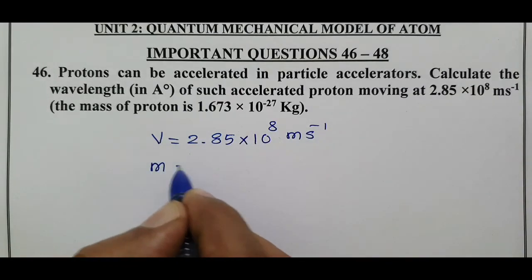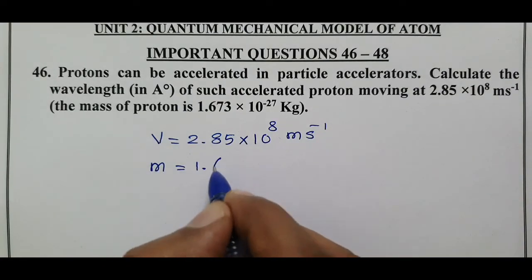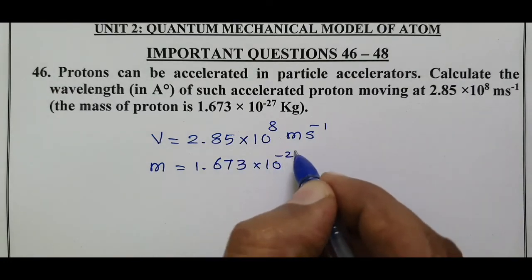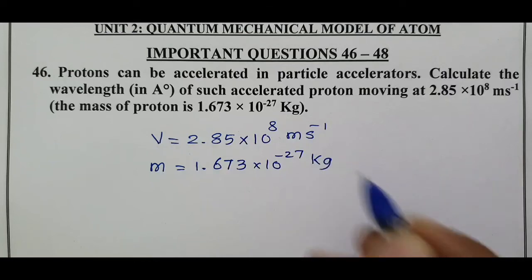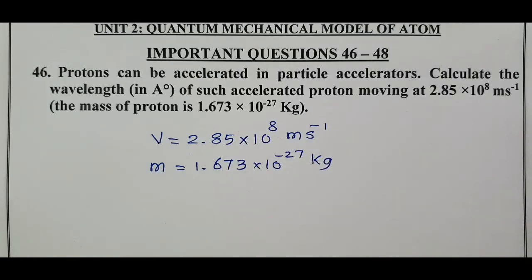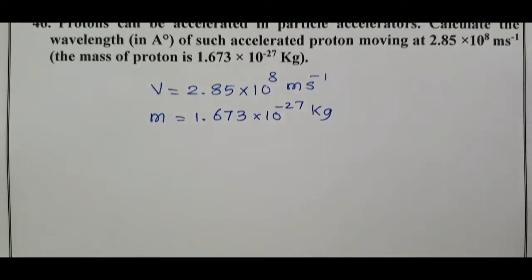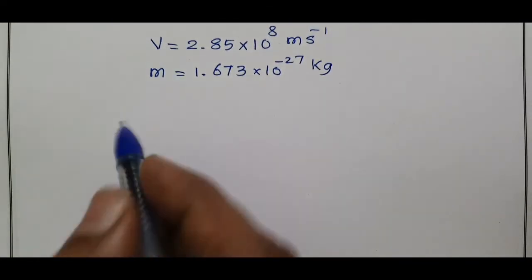The mass of proton is 1.673 × 10^-27 kg. From this, we have to calculate the wavelength lambda by the de Broglie wavelength equation.